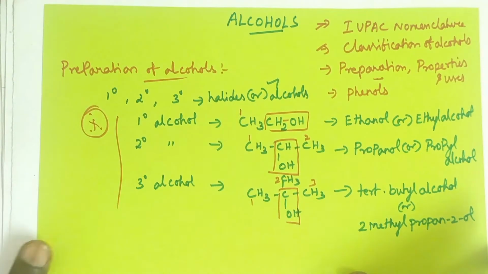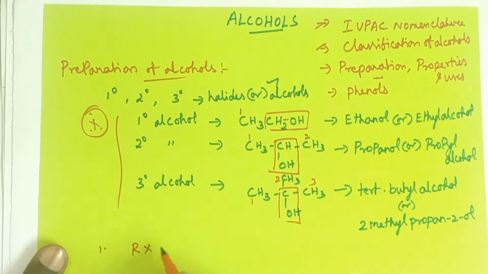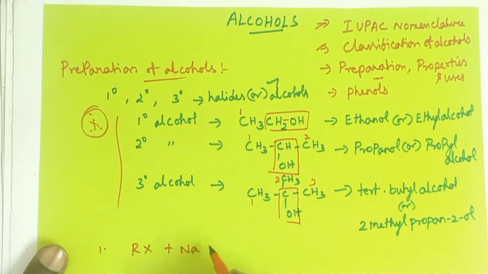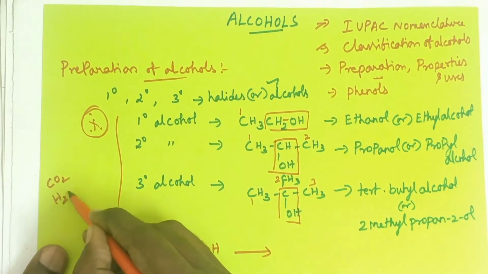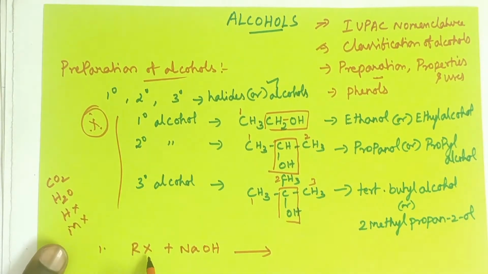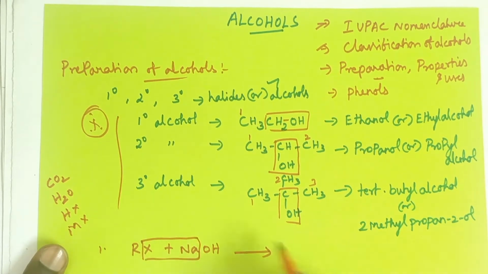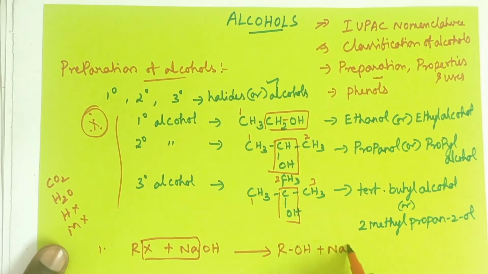Now we will see the preparation of alcohols. The first one: alkyl halide reacts with NaOH. The eliminated product is NaX, and the product formed is ROH plus NaX.